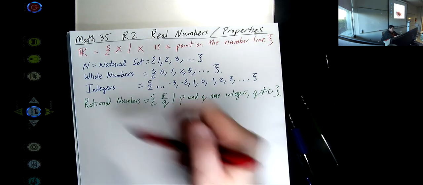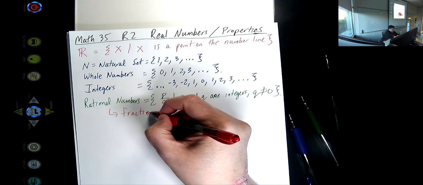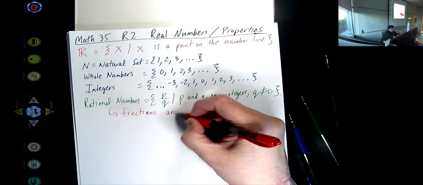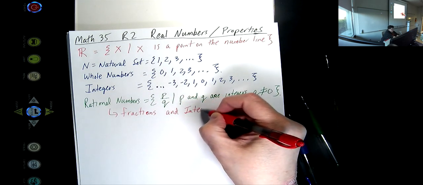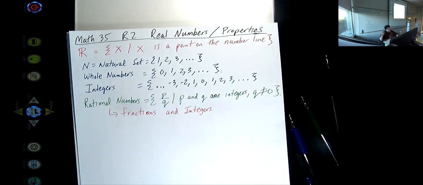So this is all your fractions, and integers. Because it doesn't say P and Q can't be the same number, like 3 over 3 is 1. Negative 6 over 3 is negative 2. It's an integer, but it's also a rational number.